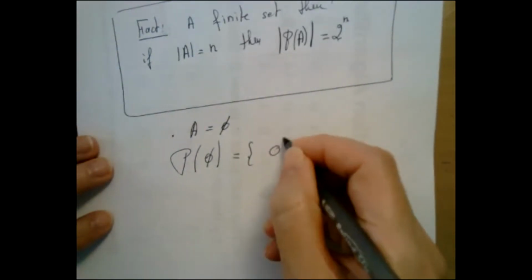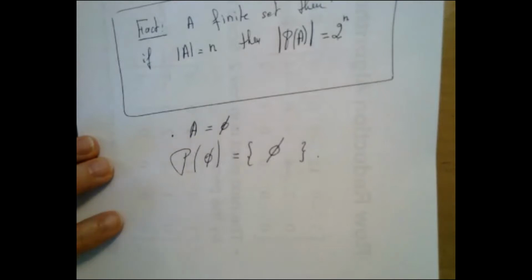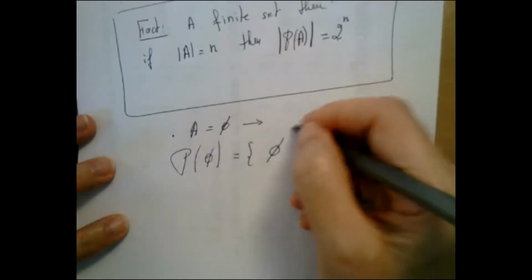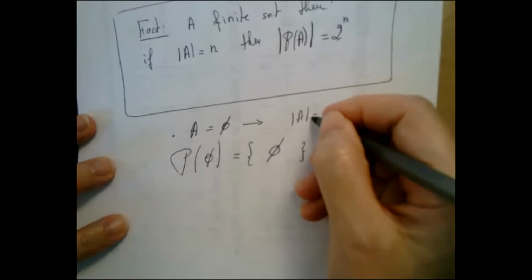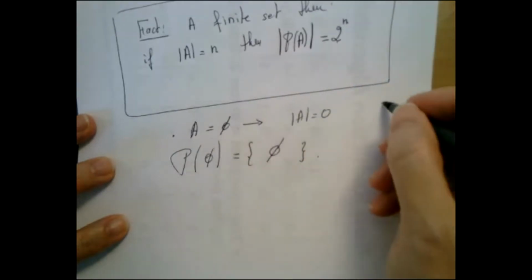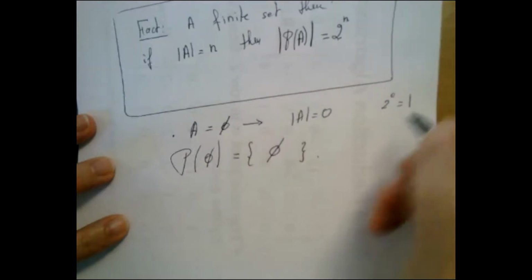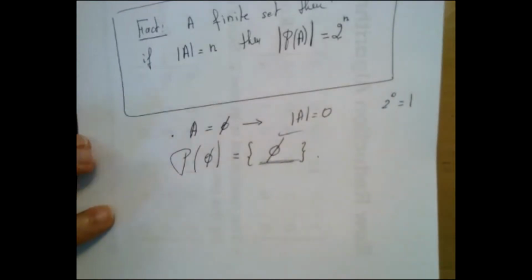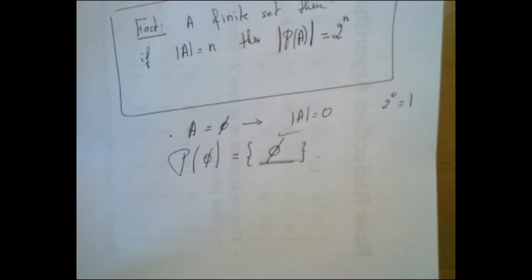It will be the empty set. Is there any other subset? No. So 2 to the 0 is 1, right? Let's see if it follows the same fact. The cardinality of A is 0, so the cardinality of the power set should be 2 to the 0, which is 1. Absolutely. This set contains 1 element, which is the empty set.